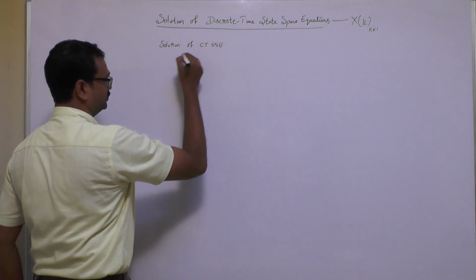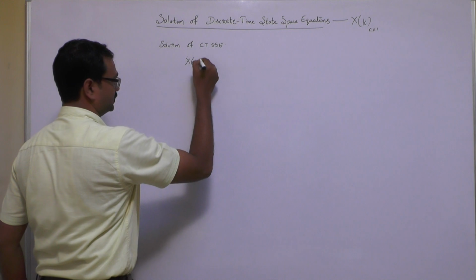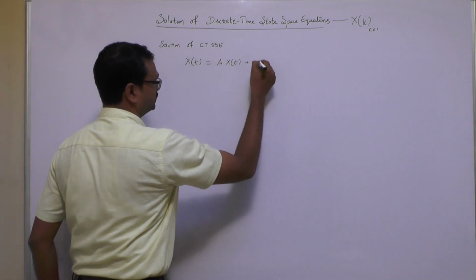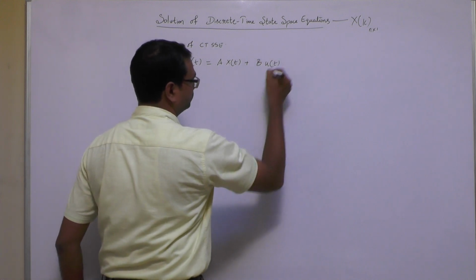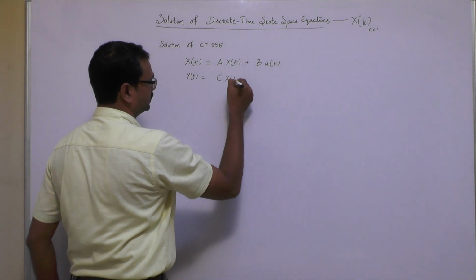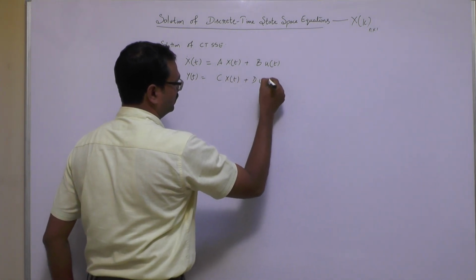What are our continuous time state space equations? It is x dot of t is equal to a x of t plus b u of t, and y of t is equal to c x of t plus d u of t.